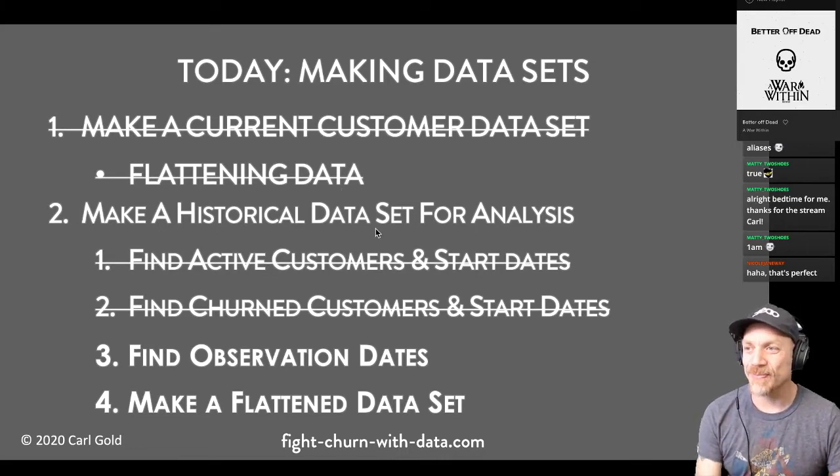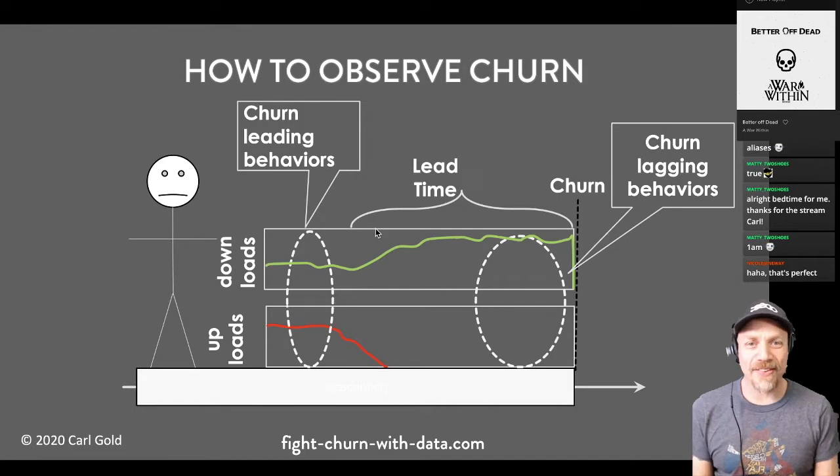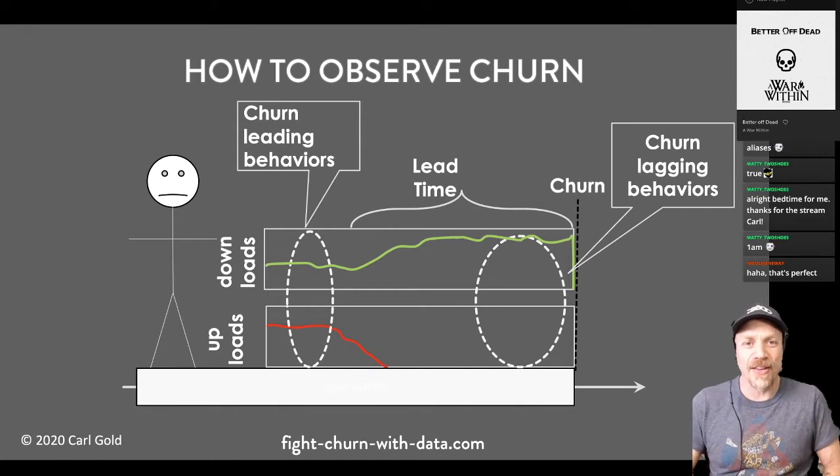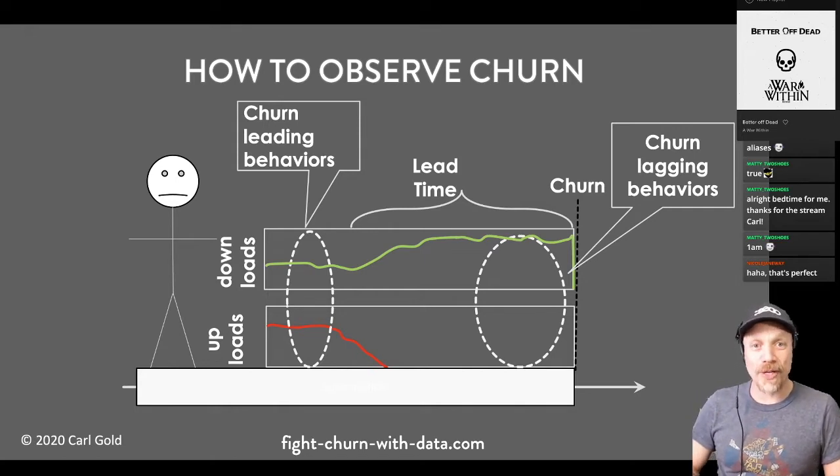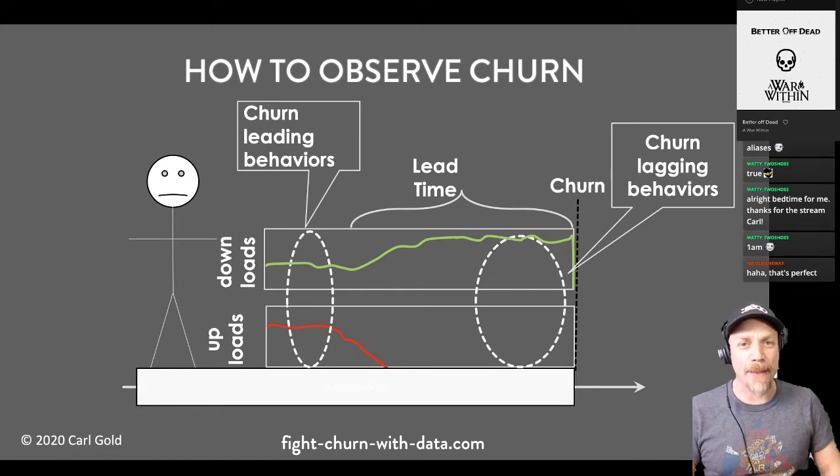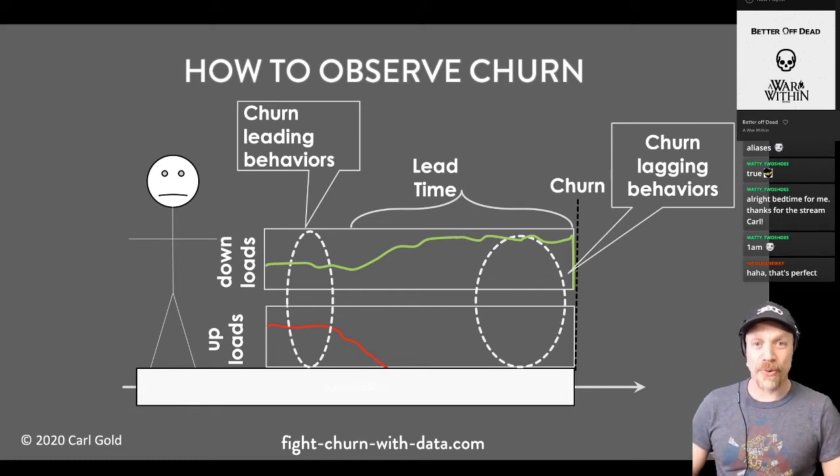And this is a diagram that I show whenever I talk about how you want to observe the customers. Because the trick is, when do you want to observe the customers to make this data set, which you're going to use to understand churn? What I'm illustrating in this picture is what typically happens when a customer is planning to churn.